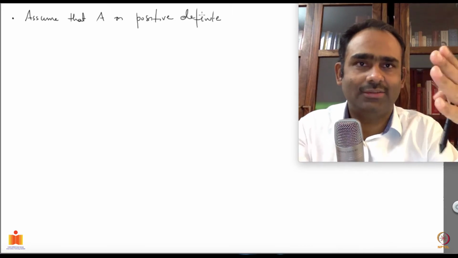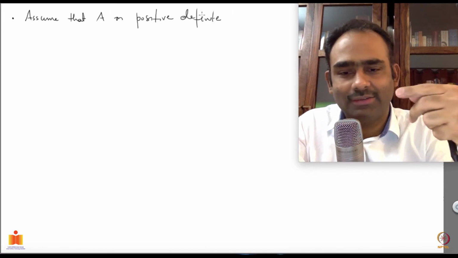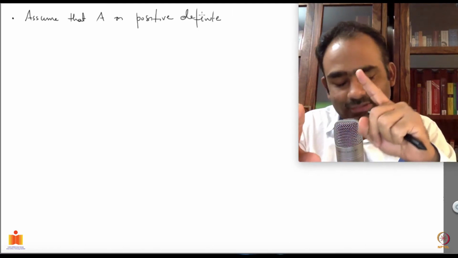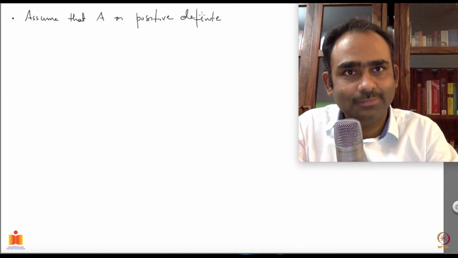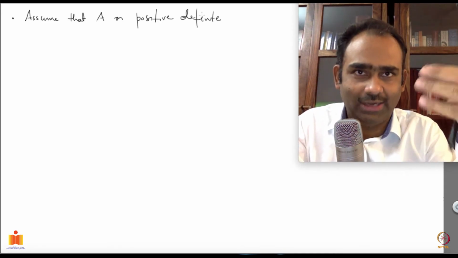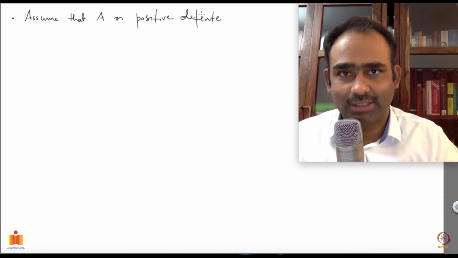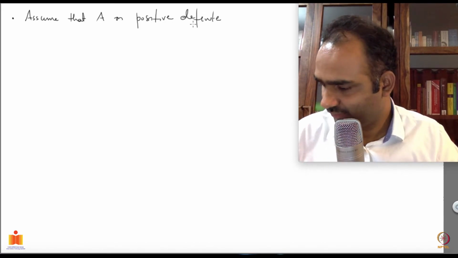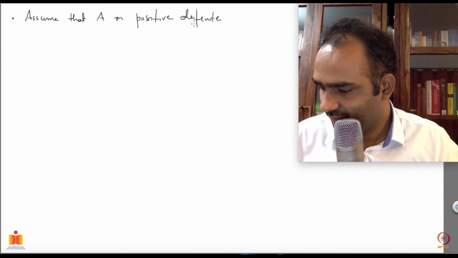So I want to have a sum of squares in exactly n variables. I don't want a situation in which I have e1 y1 square plus e2 y2 square, and so on, up to em ym square, where m is less than n. That is not what I want. I want m to be equal to n. So that's why I'm looking at a positive definite matrix, and you will realize why I'm doing this in a short while.